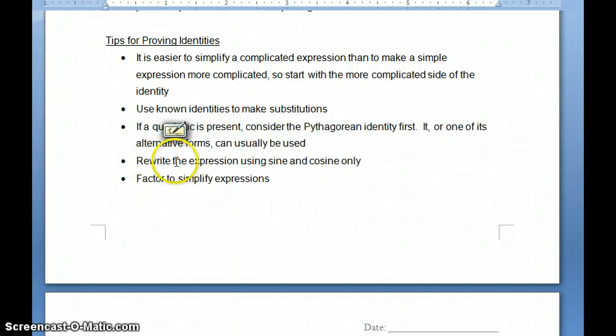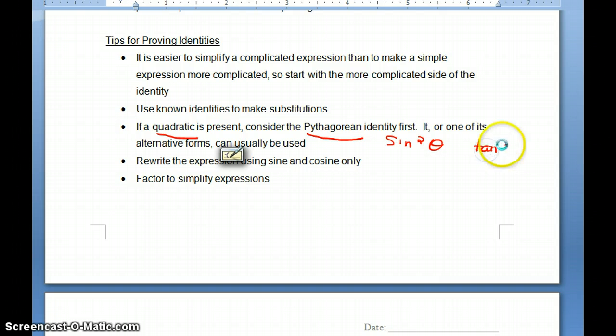So when we're dealing with a quadratic, use Pythagorean identities. That's when you're dealing with examples like sine squared of theta, or say tan squared of theta. You can rewrite them using those Pythagorean identities to make them look similar to whatever's on your right side.